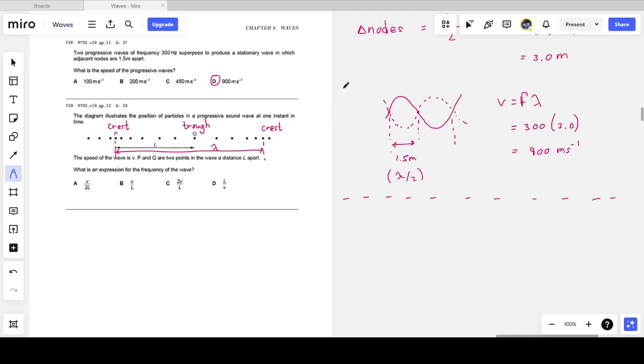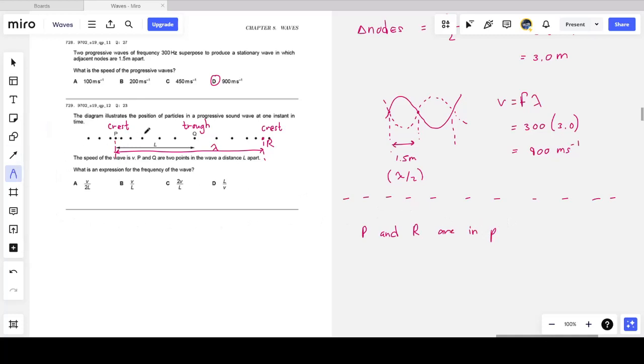It's equal to lambda. So what I can see is that P and R are in phase here. I'll call this point R, where I've drawn the dot. P and R are in phase, and there are subsequent points in phase, hence the distance between them is one wavelength.